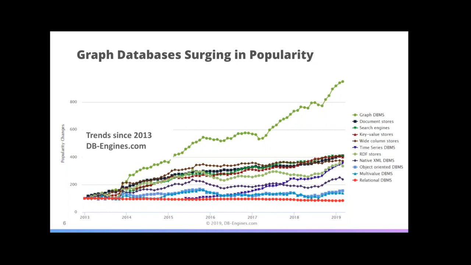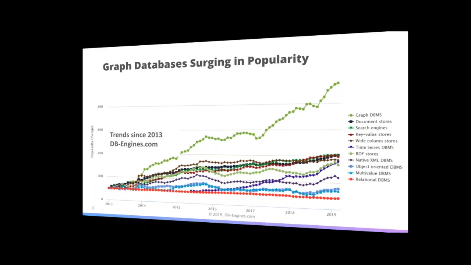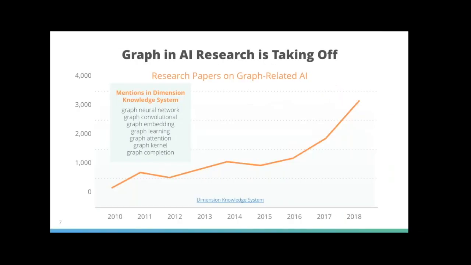So graphs have really been growing in popularity over the last few years. If you're familiar with DB-Engines, it ranks based on the amount of content coming out and shows the trends of different technologies. As you can see, graph databases have grown tremendously in the last few years. What's also really interesting is that over the last few years, AI has also been increasing in popularity.